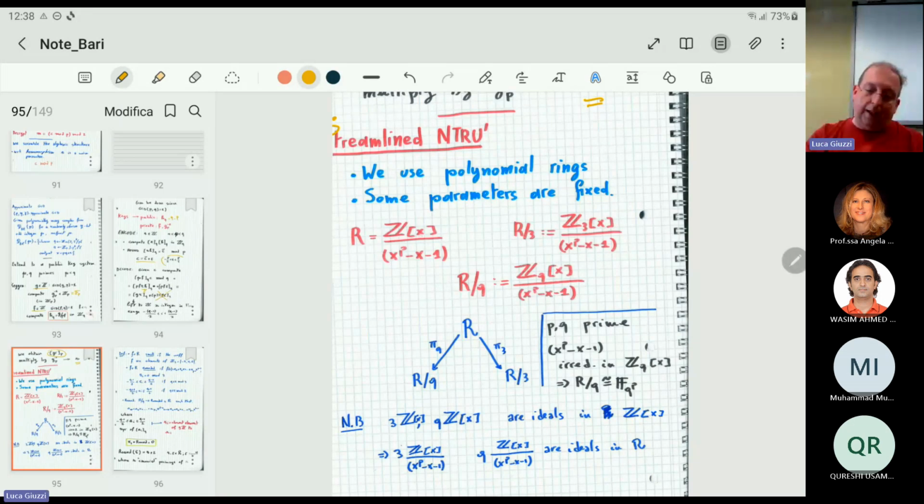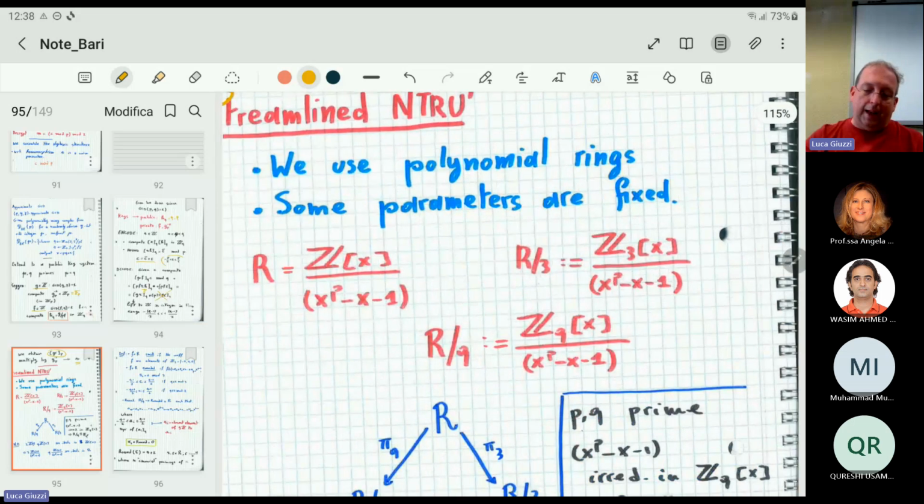And here we have a ring R, whose elements are all classes of equivalence of polynomials with integer coefficients up to division by x^p - x - 1, where p is a prime. Then we have the second ring, which is basically of polynomials with coefficients which are either +1 or -1 or 0, of the same degree as the polynomials you have in R. So these are trinary polynomials over R3.